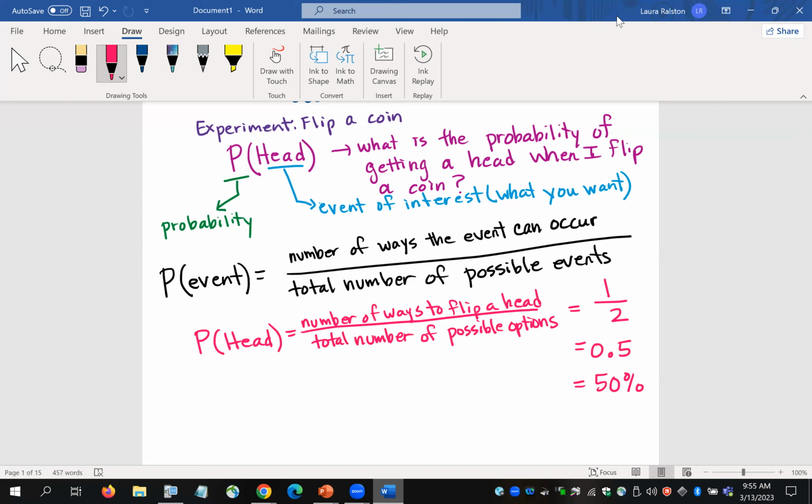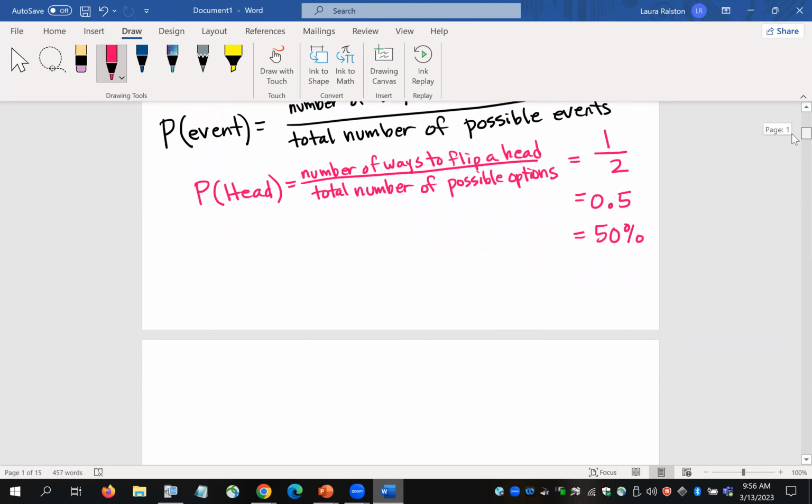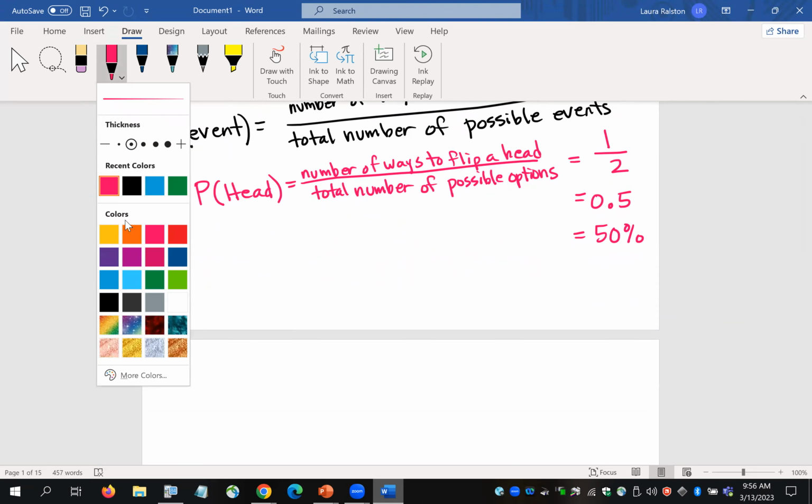Now, there are about 4 rules that kind of govern the world of probability. And even when we're talking about discrete and continuous probability distributions, we have to utilize these 4 rules. So I want to outline those 4 rules for you.